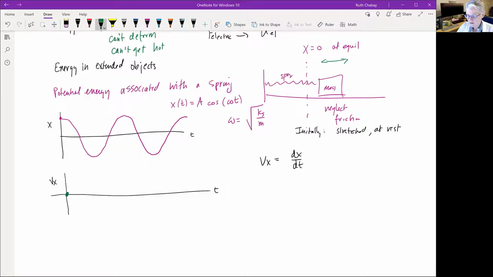When it's at its maximum compression, v is also clearly 0. So we know that the graph of v sub x versus t is going to cross the axis at those points. So what's going to happen here? If we started out stretched in the plus x direction, it's going to be moving in the minus x direction, isn't it? So v sub x will be negative until we get to there, and then it's going to be moving back in the plus x direction. Okay, so something like that.